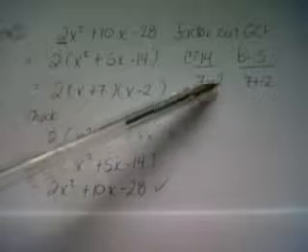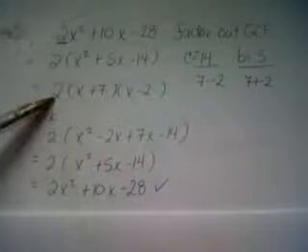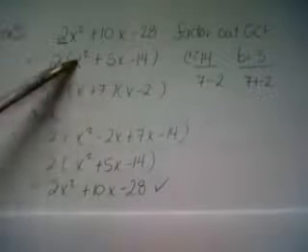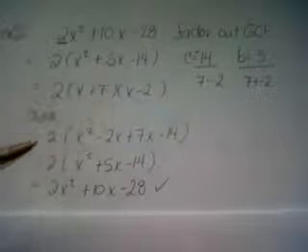And what I notice is that 7 times a negative 2 will multiply to be a negative 14, and 7 plus a negative 2 adds to be 5. So I'm going to leave that 2 there, but then I'm going to factor this trinomial. And that factors out to be x times x gives me x squared, and 7 times negative 2 multiplies to be negative 14, and negative 2x plus 7x gives me 5x.